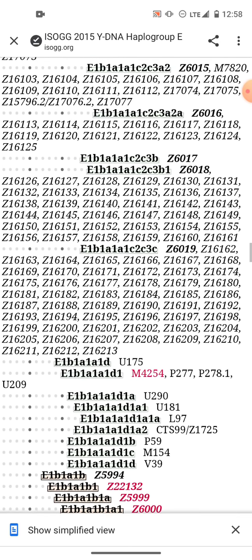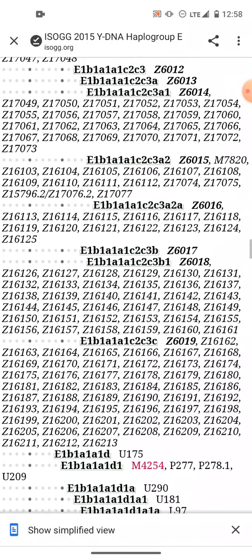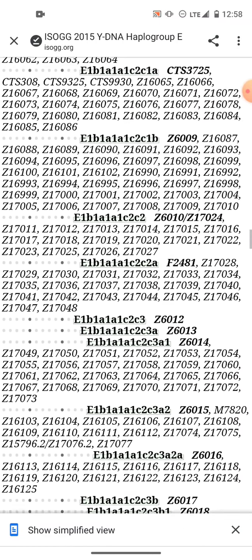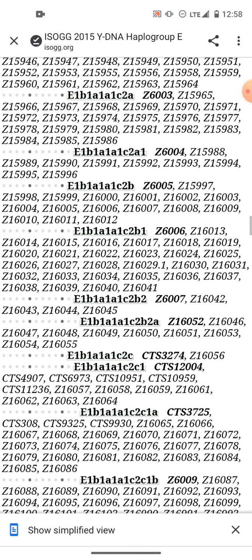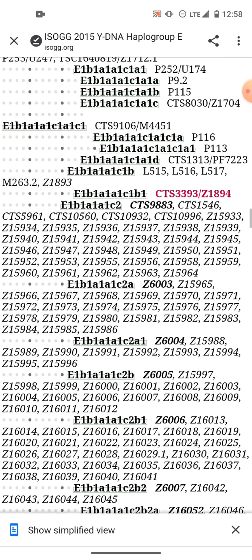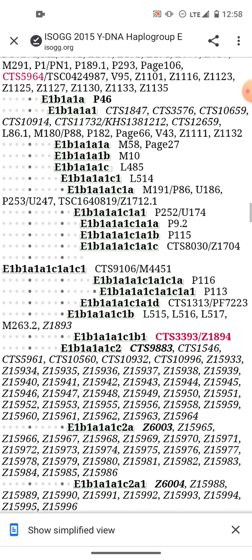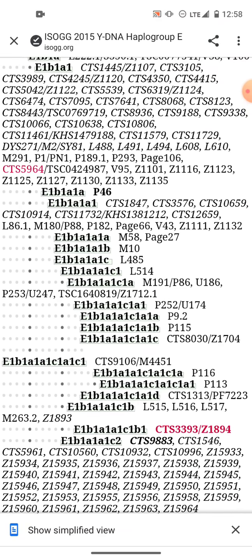Okay, we're almost there. So on this layout, we have all these E1b1a defining mutation points.